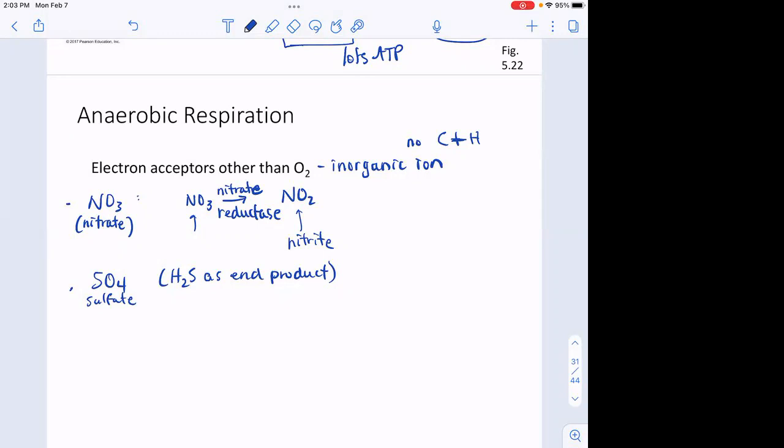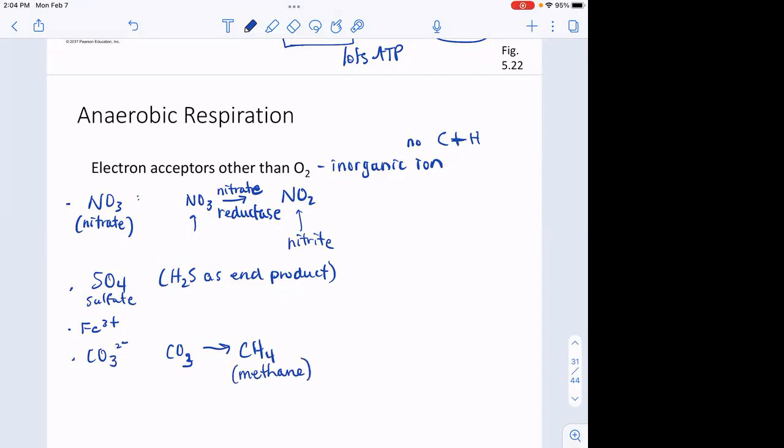That's a byproduct of an organism respiring anaerobically. Sometimes iron is a final electron acceptor. Sometimes carbonate. Bacteria that use carbonate as a final electron acceptor, or sometimes carbon dioxide, can actually produce CH4, which is methane.